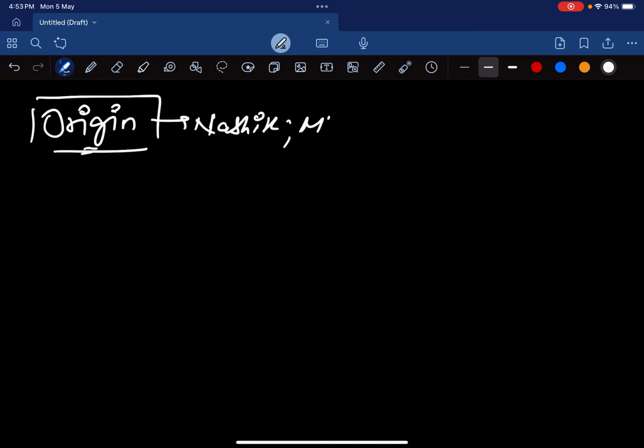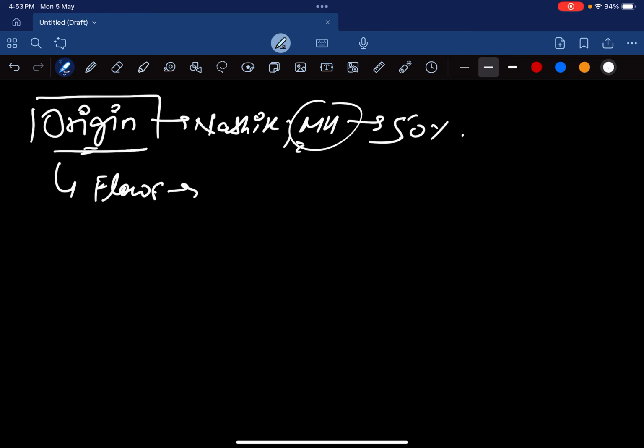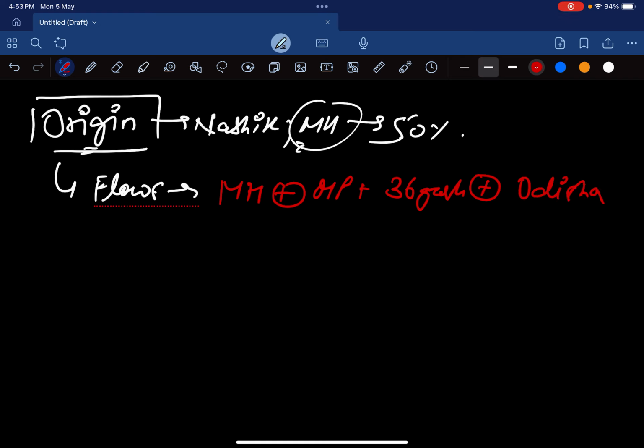It has its origin in Nashik, महाराष्ट्र, एंड महाराष्ट्र में ही अपना 50% पानी ड्रेन कर देती है, ठीक? It flows through the states, of course there will be Maharashtra, MP, Chhattisgarh, Odisha, plus Andhra Pradesh.